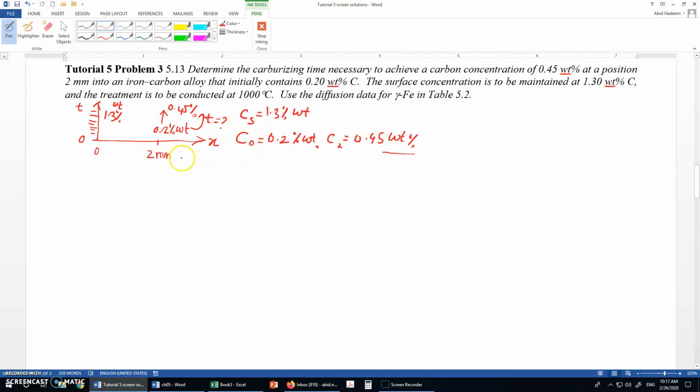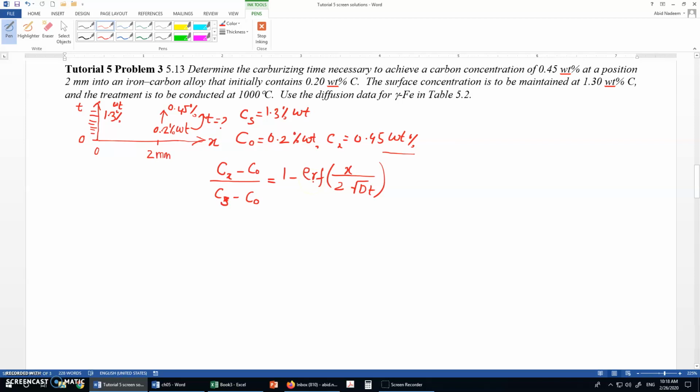So now we know that (Cx minus C naught) divided by (Cs minus C naught) is equal to 1 minus erf of x divided by 2 times the square root of Dt, where erf is the error function.